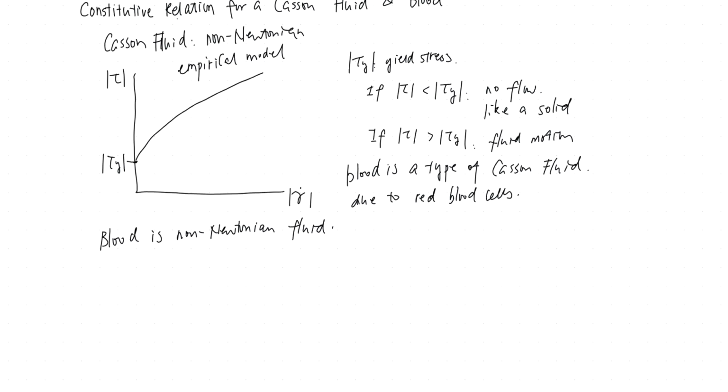You need to say at which flow rate you will expect which level of viscosity. That means you need to talk about apparent viscosity instead of a unique viscosity. Apparent viscosity is a function of gamma dot.